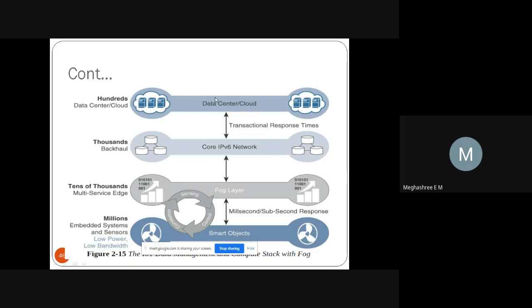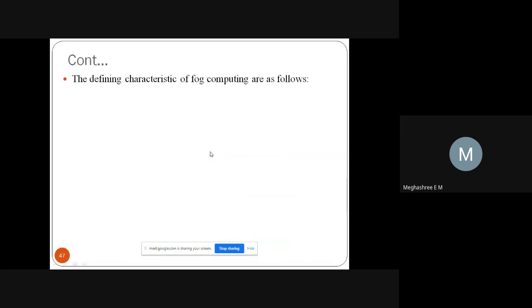You can see here the smart objects, which are nothing but endpoints. This is the core IPv4 network, and between them the fog layer is introduced. The data will be collected and processed at this level, and then passed to the cloud over this network. That is all about the fog layer.